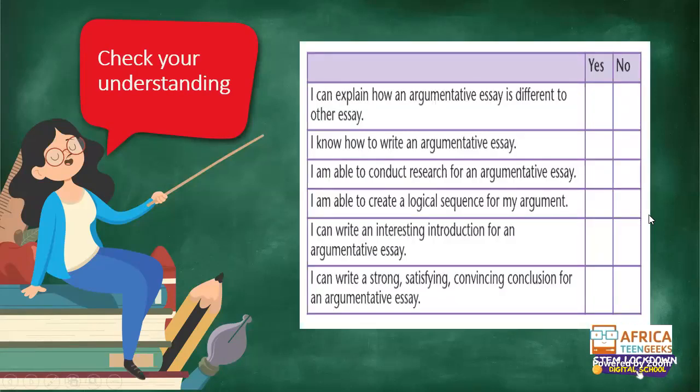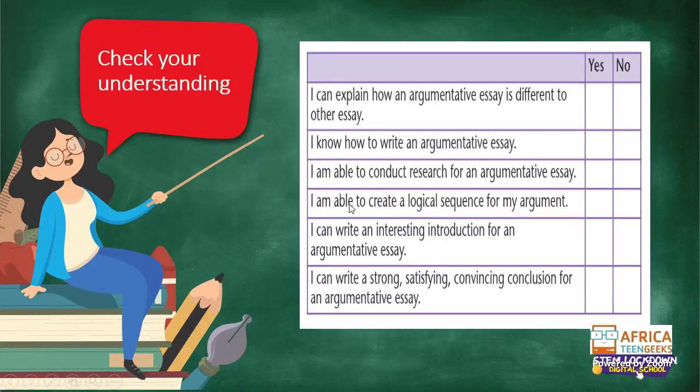I'm taking questions. This is the guide that you can use to see if you fully understand what an argumentative essay is. Number one, I can explain how an argumentative essay is different to other essays. Number two, I know how to write an argumentative essay. Number three, I am able to conduct research for an argumentative essay.